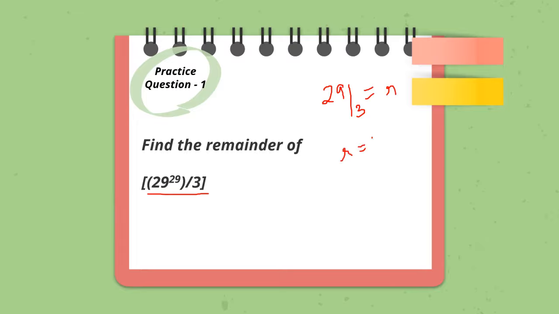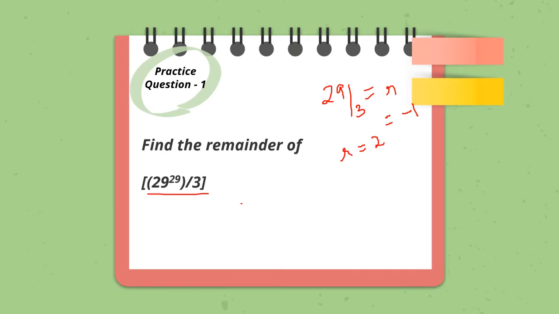Again, 2 to the power 29 divided by 3 is a bit complicated. So I would take my remainder as minus 1 instead of 2, because 30 is the next multiple, and of course 30 minus 1 is 29. So my remainder becomes minus 1. Now I just apply the rule.